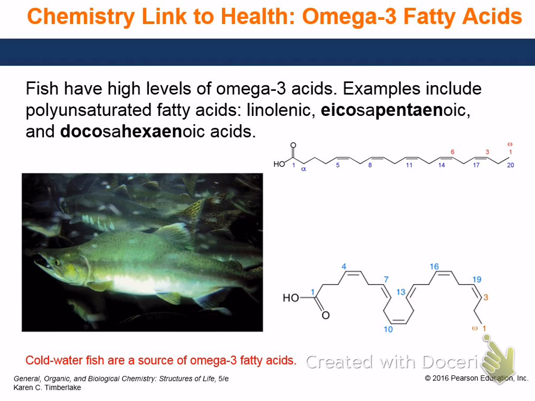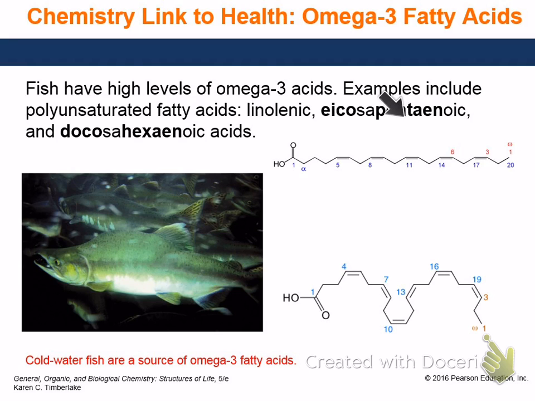So here's a couple of interesting fatty acids, or I think they're interesting anyways. These are very highly unsaturated fatty acids that apparently come from fish, according to your book. But these are omega-3 fatty acids. This is 1, 2, 3. 1, 2, 3, 4, 5. Right, double bonds. So that's why this is an eicos-, eico means 20. Okay.